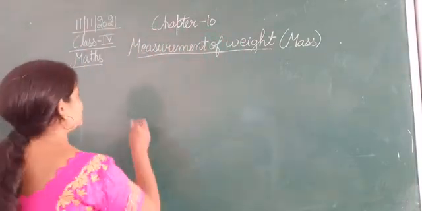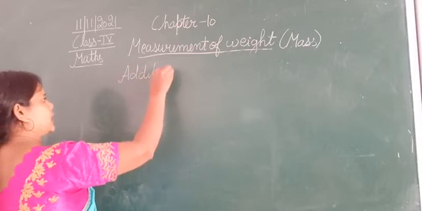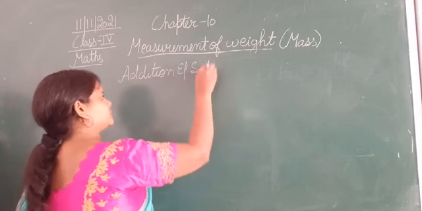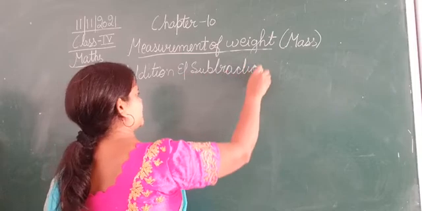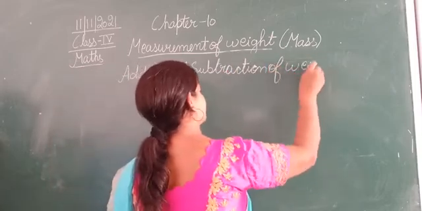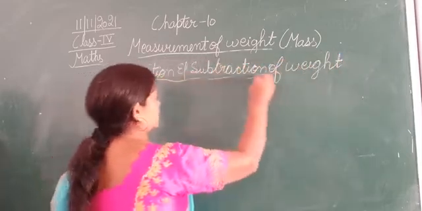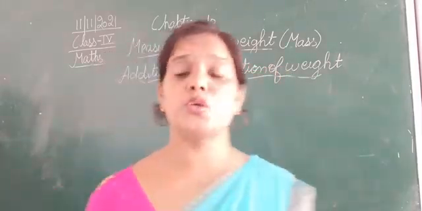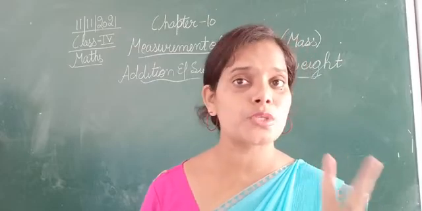We will begin with addition and subtraction of weight. So how can you add or subtract the weight? The most important thing that you need to keep in your mind is that when you do the addition and the subtraction of the weight, we always add the two similar units.